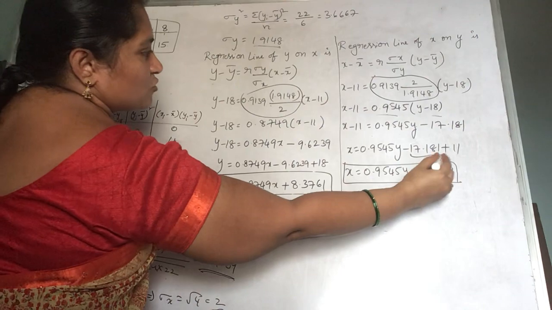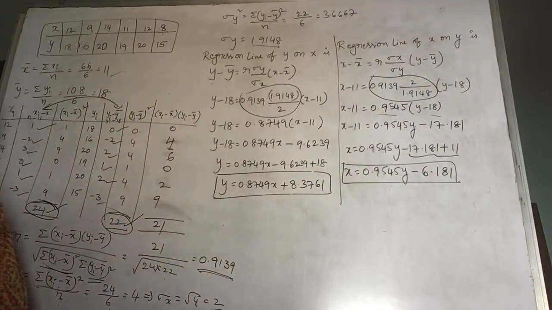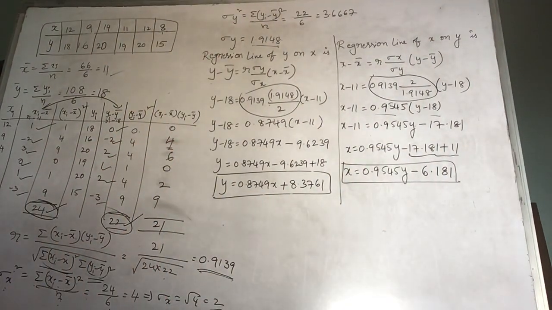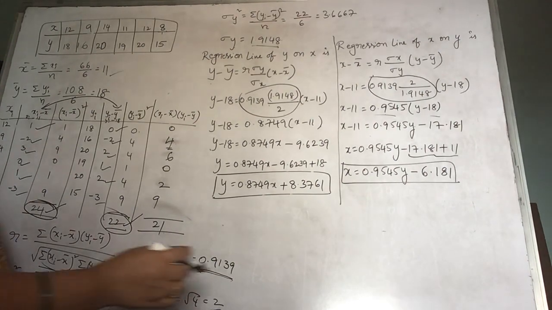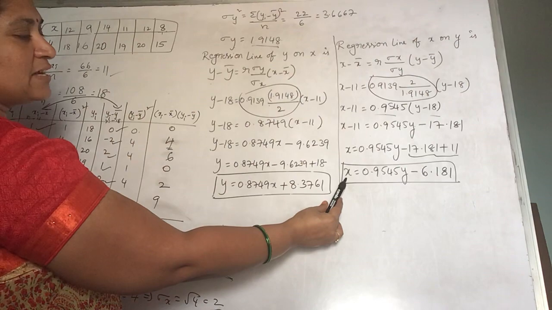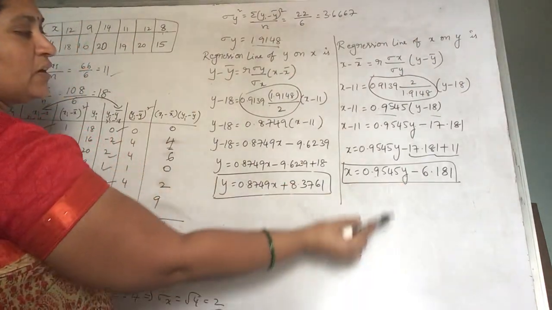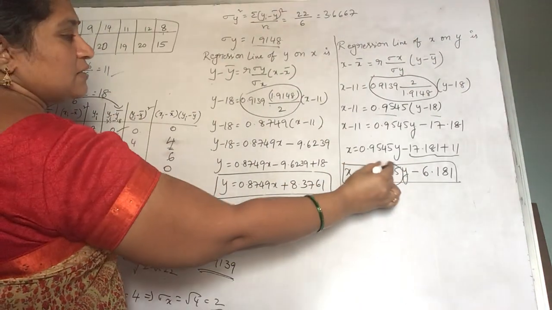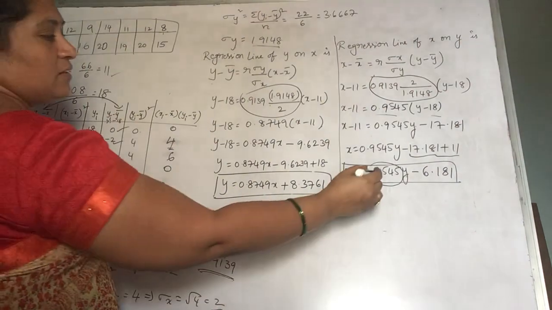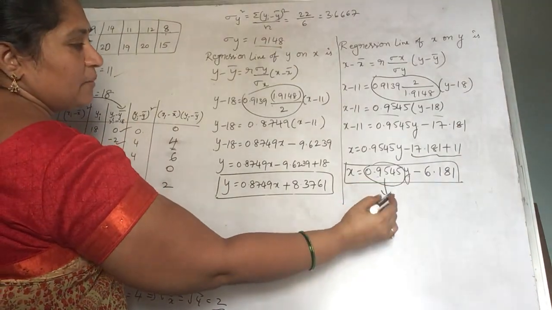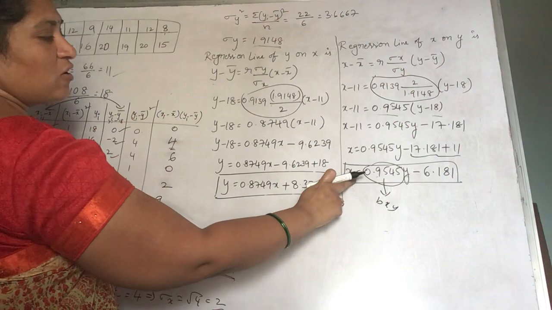Now simplify these two constants: minus 17.181 plus 11 is minus 6.181. So this is of the form x is equal to m2 into y plus c2. Here this is the regression coefficient dxy, and this is the regression line of x on y.